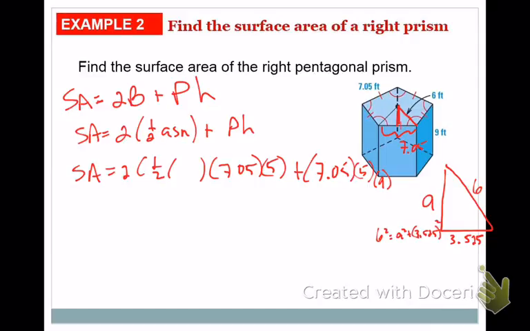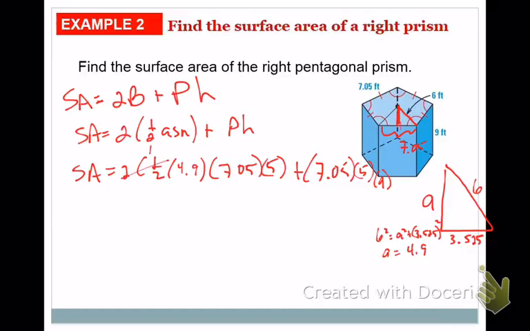We solve this down, and we discover that the apothem is about 4.9 or so. Okay, and I'll let you do the arithmetic on that. So this is 4.9. And then it's just a calculator from here. You're just multiplying all of these together. So we would take 2 times 1/2, which is just going to multiply to 1.